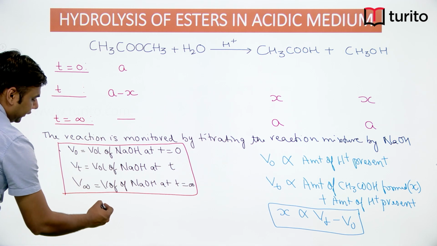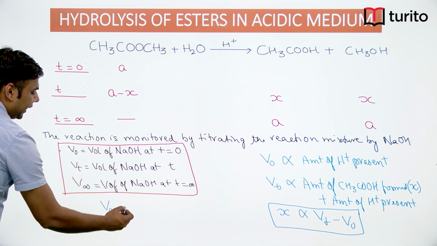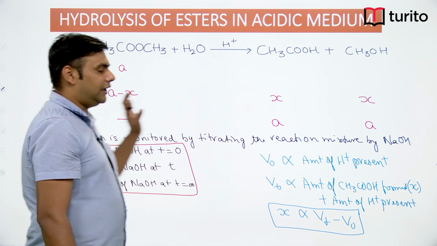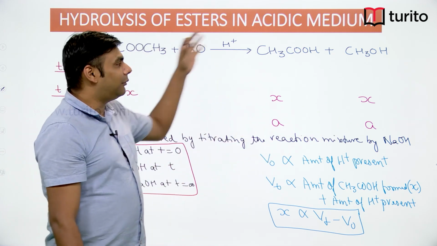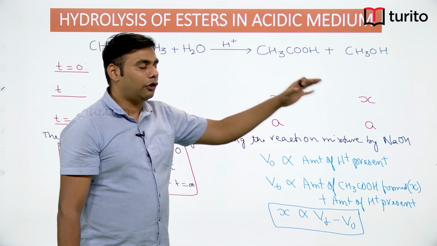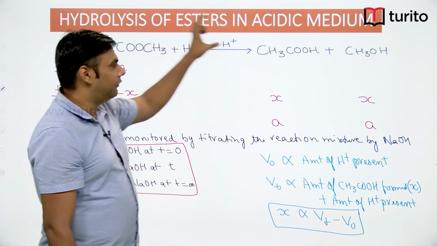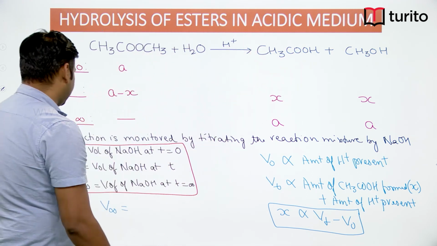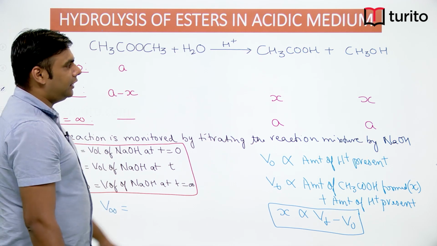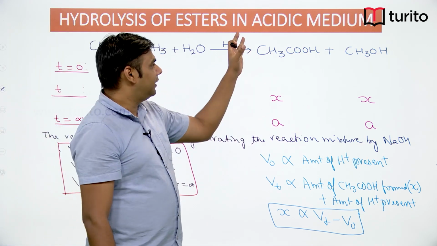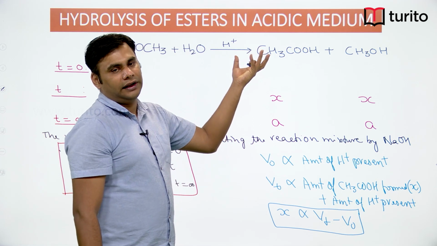Now V infinity means that at time t equals infinity, the reaction has gone to completion. So the entire amount of acetic acid is formed. Whatever would be the initial moles of ester, that has been converted into acetic acid. So at time t equals infinity, acetic acid is present and again H plus will be present because it was a catalyst.